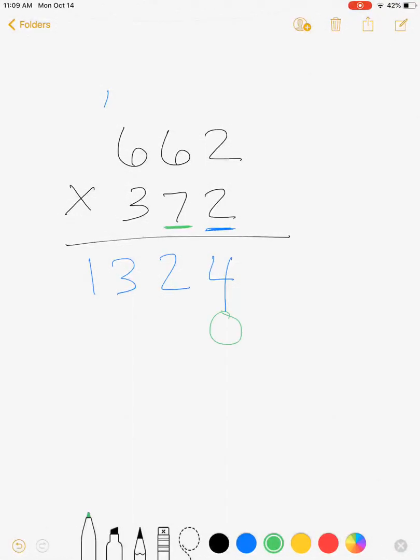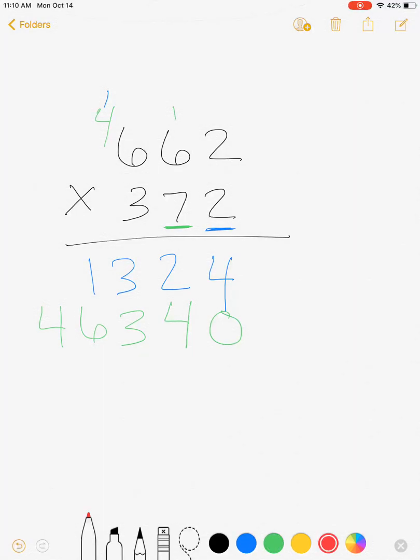Tens place, drop the 0, 7 times 2, 7 times 6, plus 1. Oop, that's a messy 3. 7 times 6. Oh, I'm trying to let you say it. 42 plus 4.